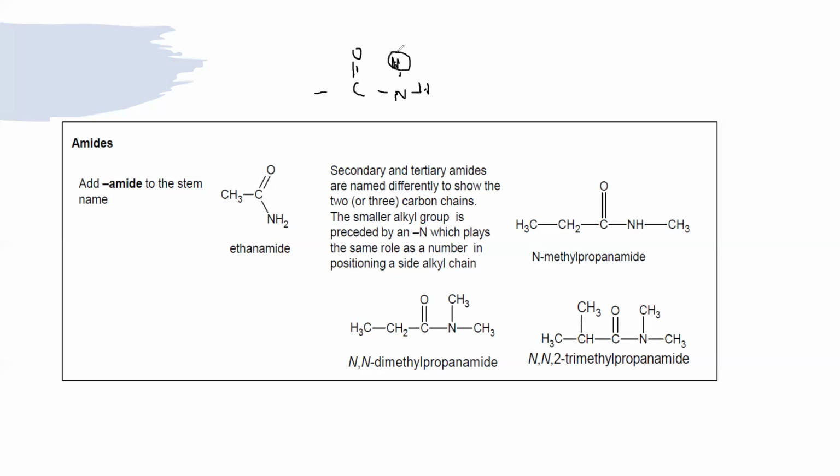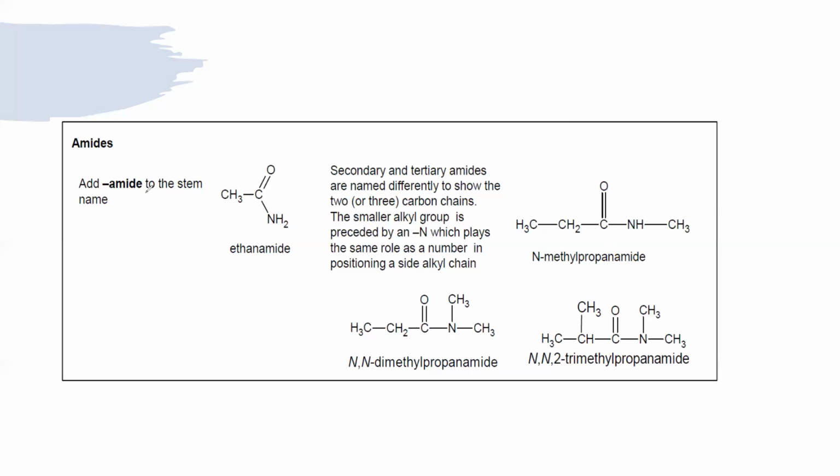But if 2 alkyl or 2 carbon chains are there, then we call that secondary. If all of the hydrogens are replaced by carbon chains, then we call that tertiary.